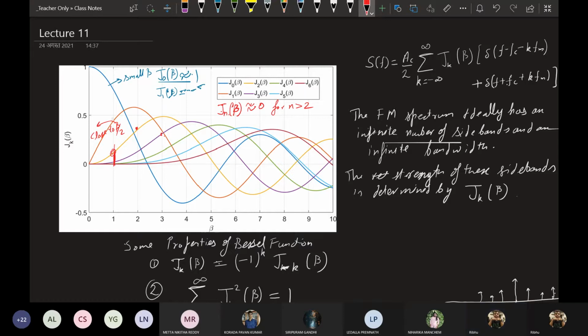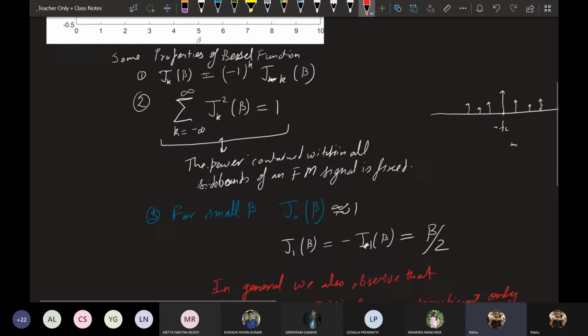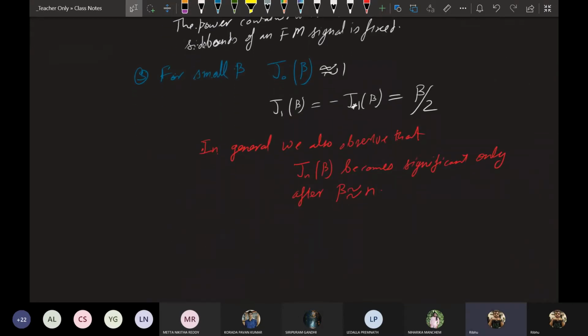So you agree with this observation? And in general, Jk beta represents the strength of the kth sideband.